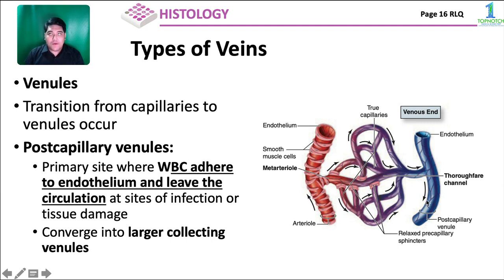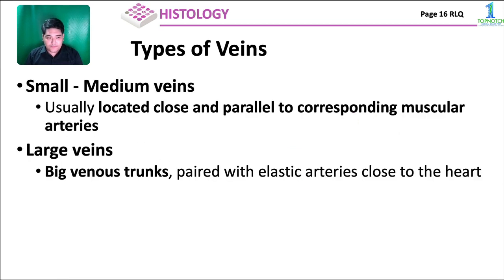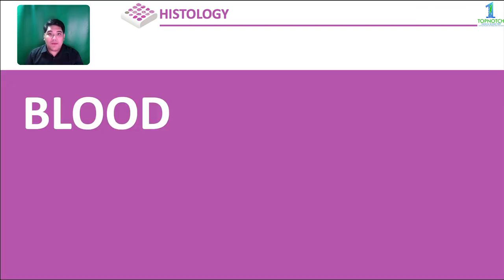So again, post-capillary venule, site of the diapedesis of your WBCs. Then small to medium veins are closely located to the corresponding muscular arteries. Ang large veins yun naman, they have big venous trunks paired with your elastic arteries close to the heart. Then syempre, yung pinakamalaki na yung inferior and superior vena cava.